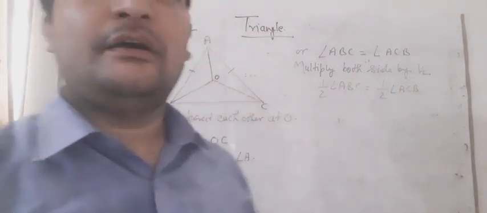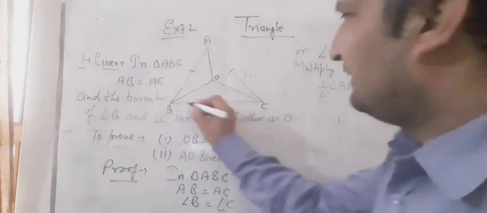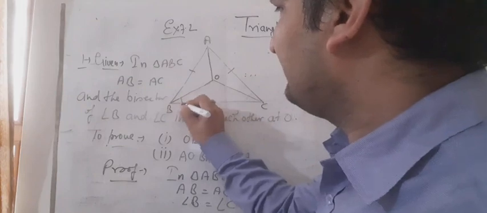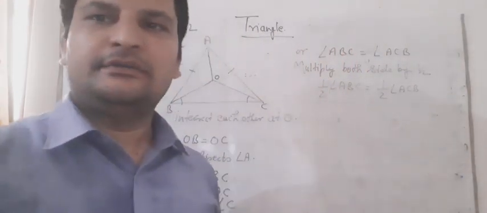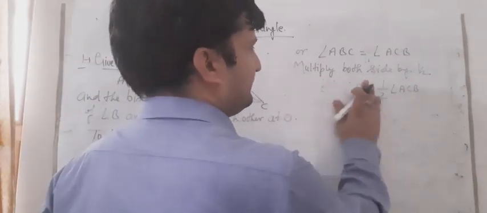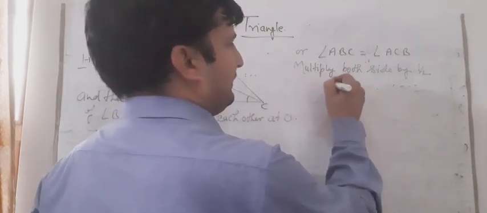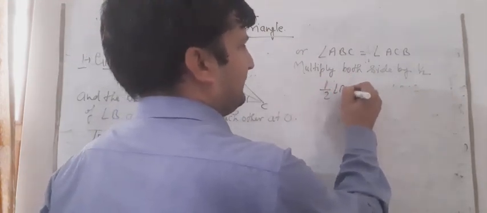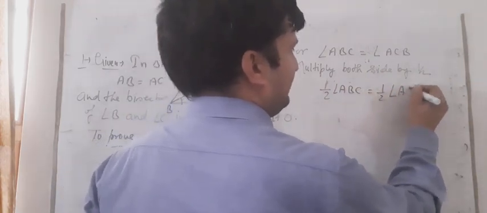It means half of angle ABC and half of angle ACB, this angle is equal to this angle. It is not visible, so I am writing again: half of angle ABC is equal to half of angle ACB.